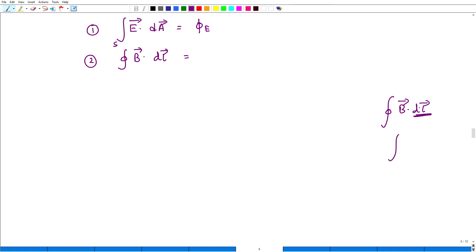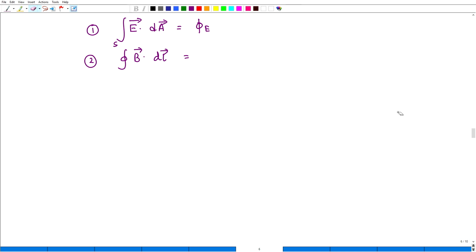Because this element is a small line element. If it is a surface area element, then it will not be for B, for any vector. We should not write B here. For any vector, let's say here any vector V, if it is dA, if it is over the total surface, then it is called a surface integral. So the first law is for the surface integral and this is the line integral.